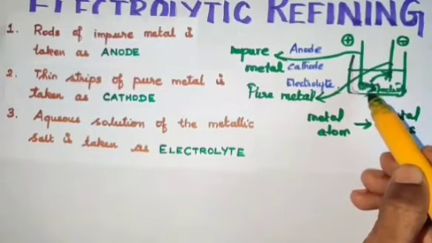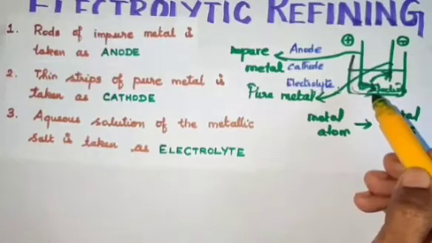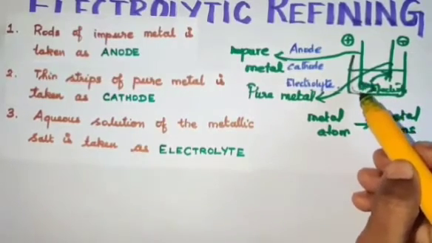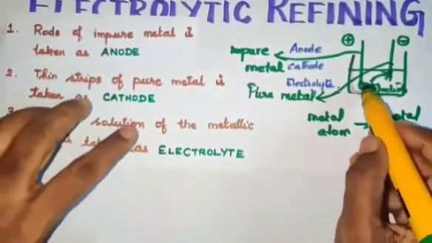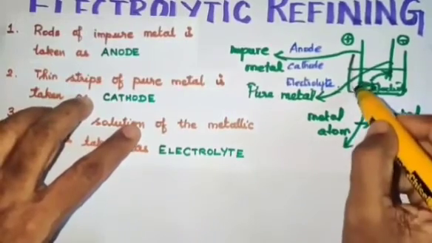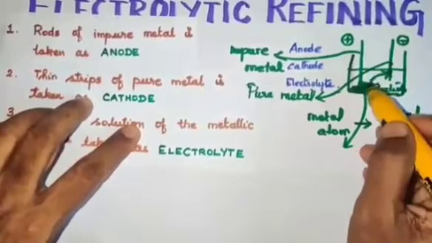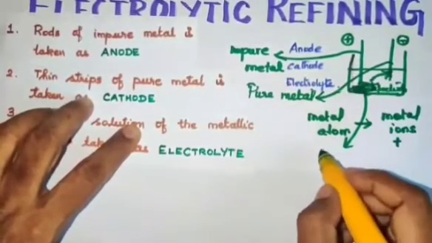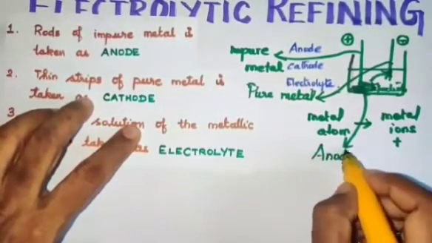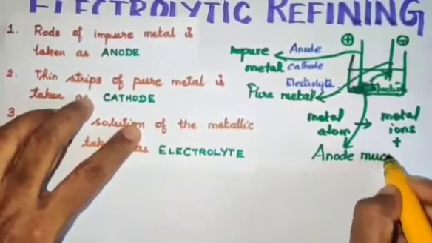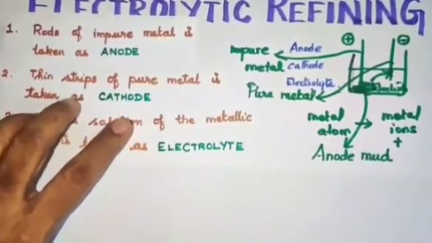This mud is settled at the bottom of the anode, so it is called anode mud. Mud means it's a waste.